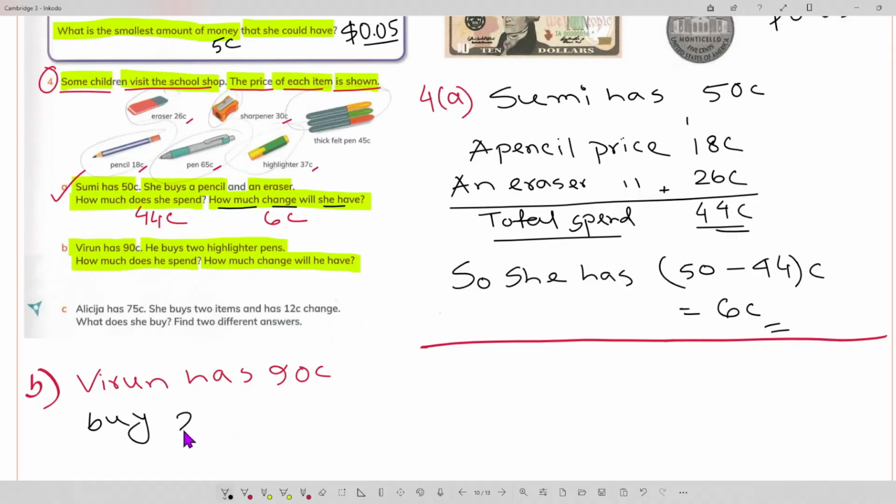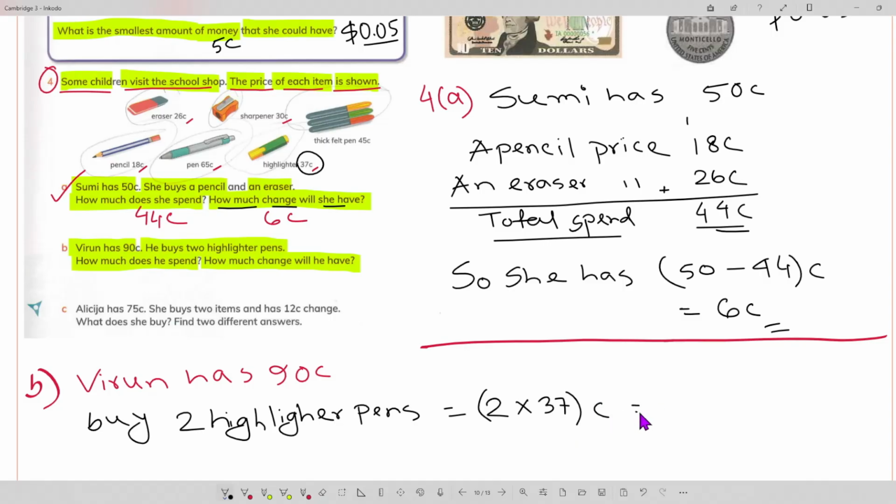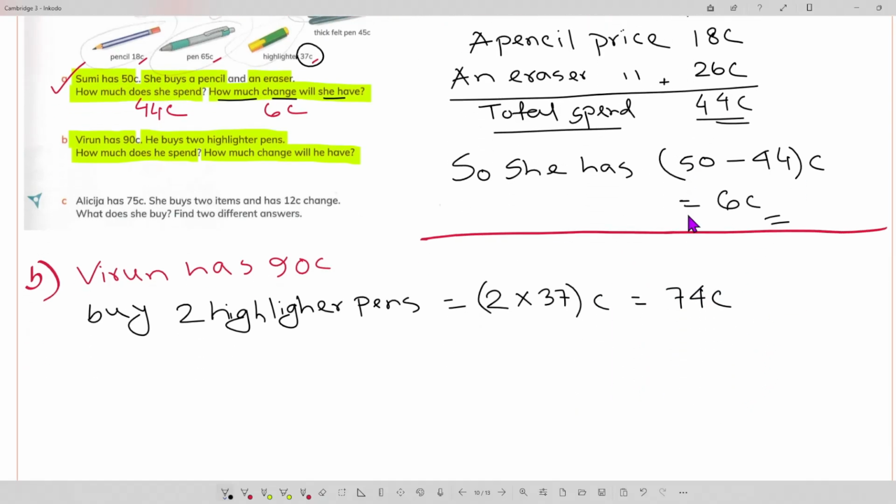One highlighter price is 37 cent, so 2 highlighters will be 2 times 37 cent. It means 74 cent.